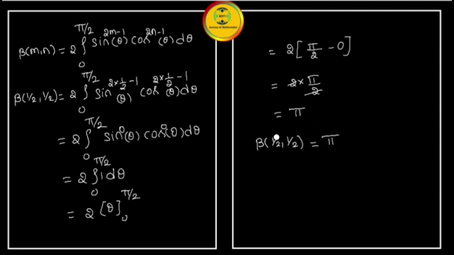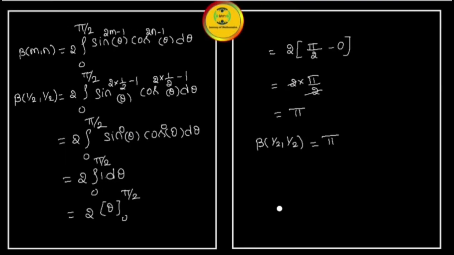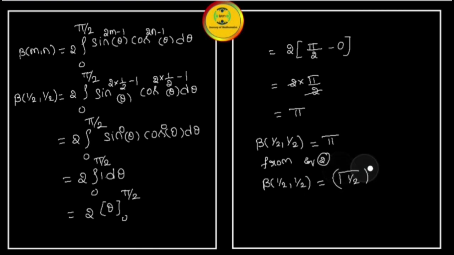But as per equation 2, from equation 2, we have beta of 1 by 2 comma 1 by 2 equal to gamma of 1 by 2 whole square.